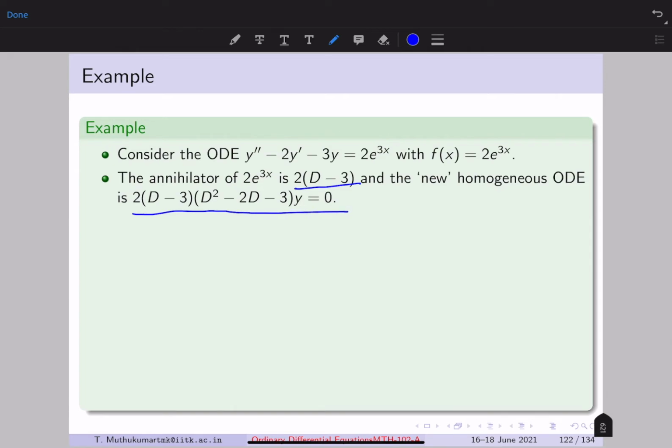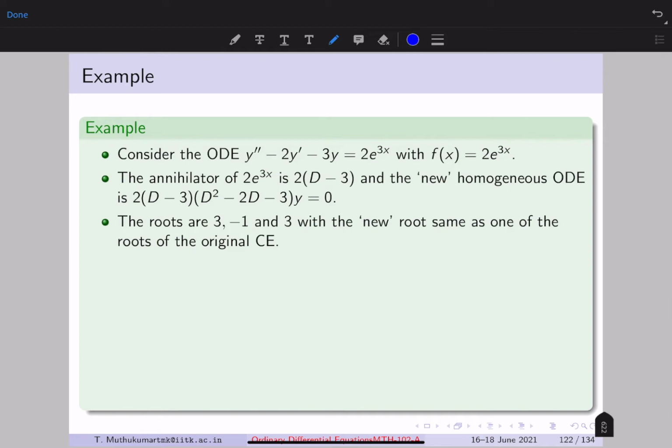Now you look at the corresponding characteristic equation, which is now a cubic equation with roots 3 and minus 1. So 3 is the root coming from here, and 3 and minus 1 come from here. You see that one root of this coincides with one root of this, so there is a repeated root here.